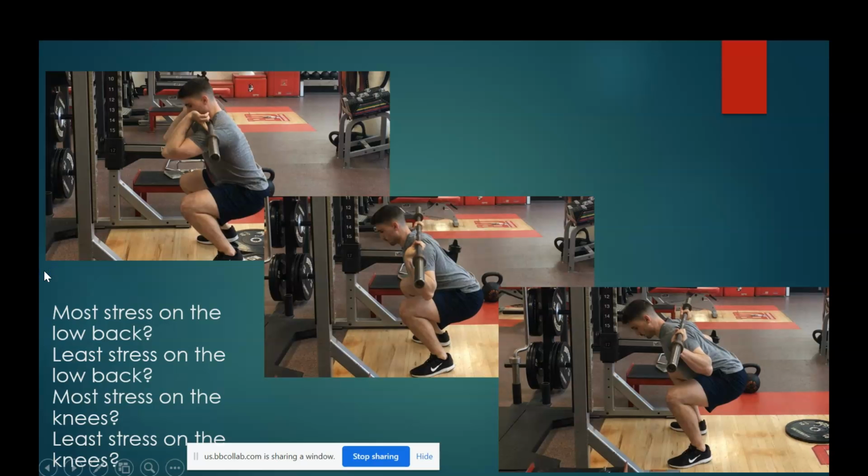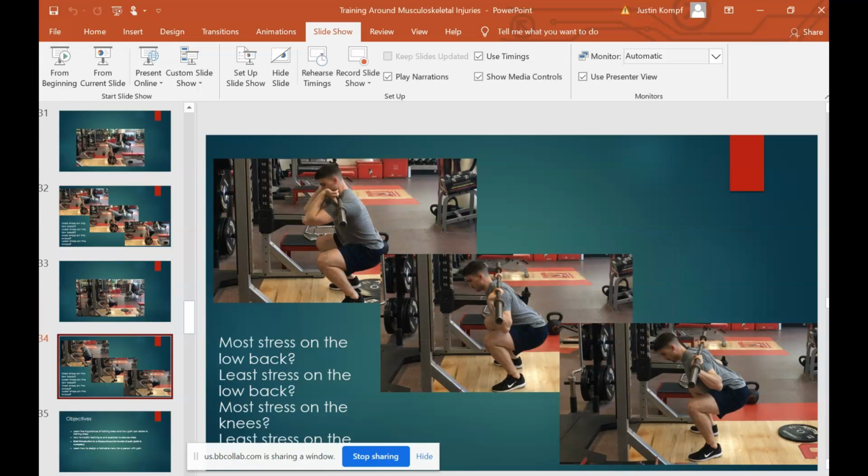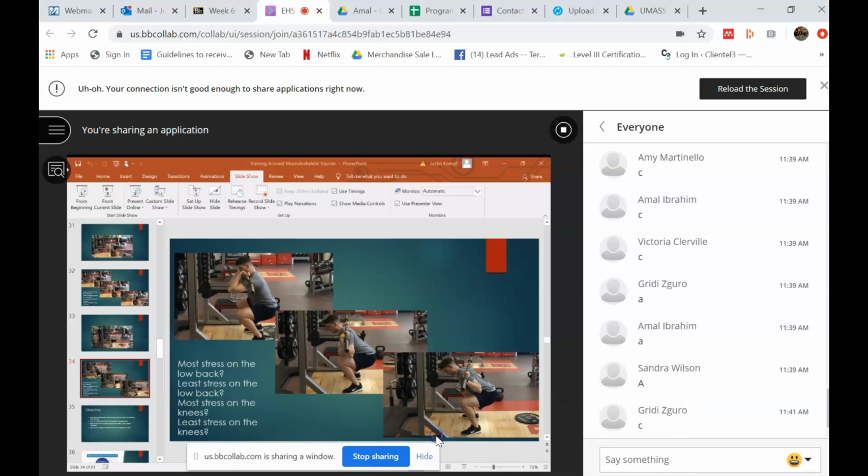All right. So which one of these is going to place the most stress on the low back? A, B, or C? Yep. Good. Okay, which one of these is going to place the least stress on the knees? The least amount of stress on the knees.